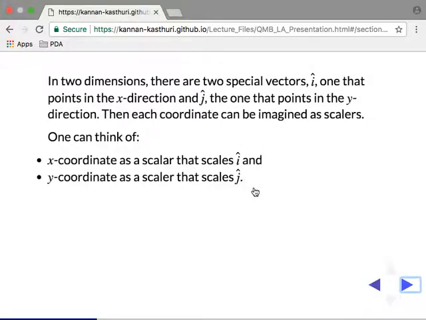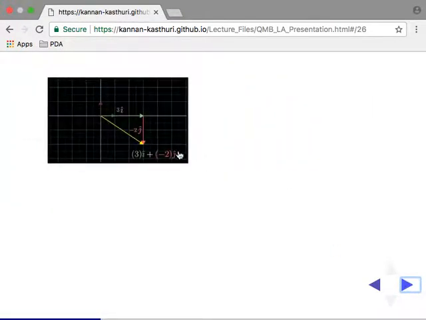So there are two special vectors. Let's say you have an i vector in one direction and a j vector in another direction, and you can think of any vector as a sum, like 3 times i plus minus 2 times j. Have you been introduced to this i and j notation for vectors?